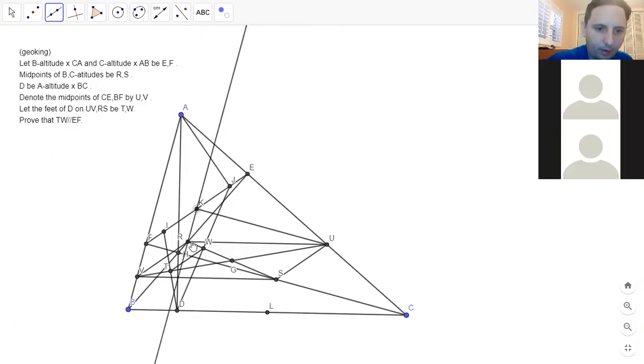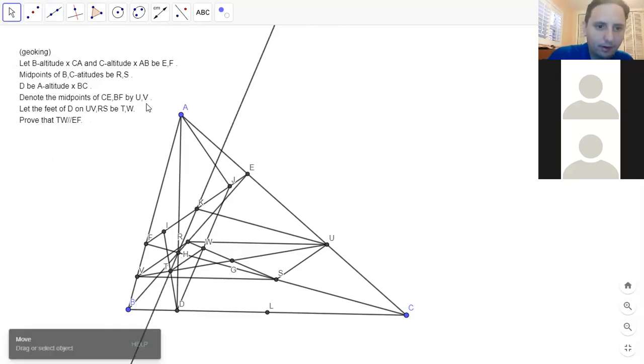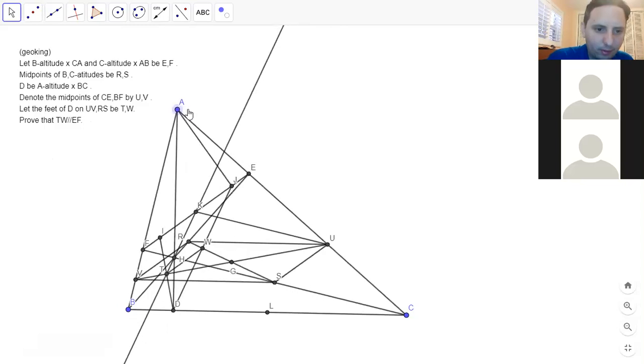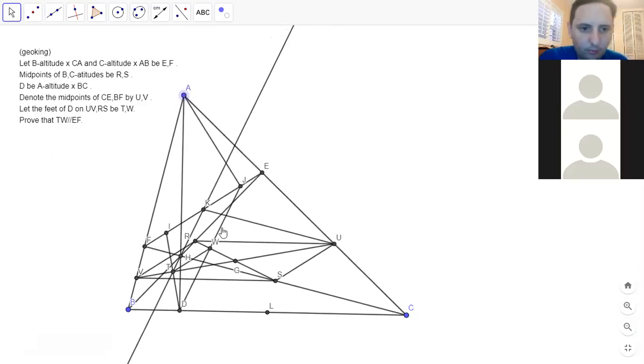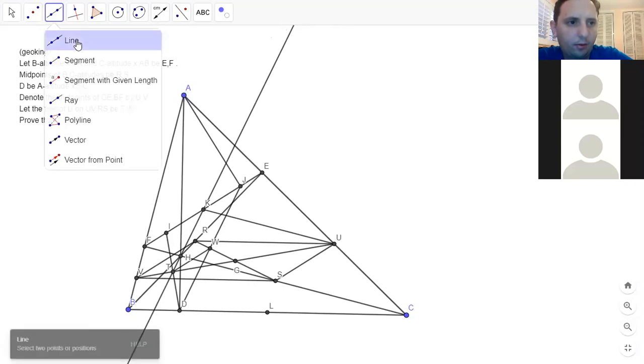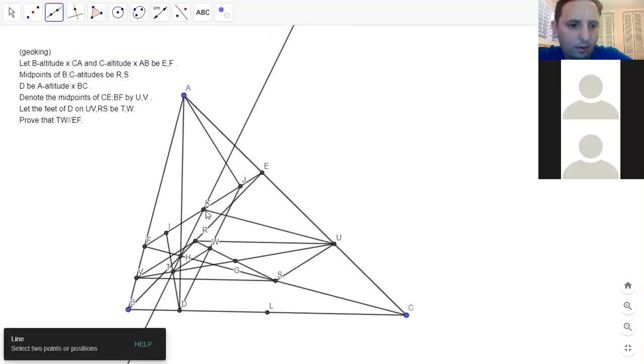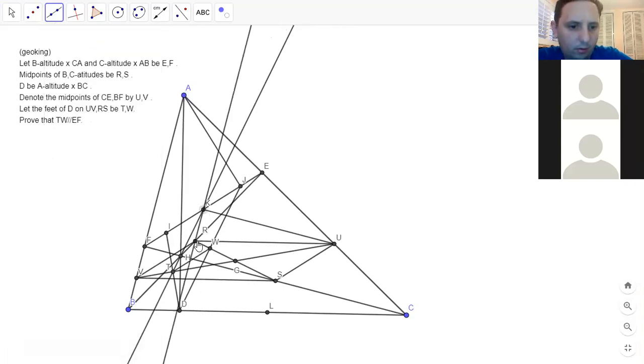It almost looks like KR passes through that point. Are KT and H collinear? It looks like K, H and T are collinear. I'm not sure why. We can't say anything about KR, but K, H and T look collinear.